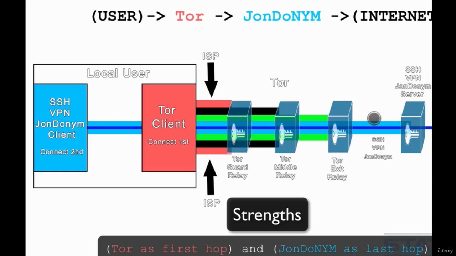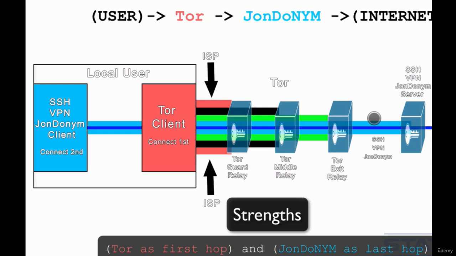Now let's talk about Tor as first hop and SSH, VPN, John Doe as last hop. But in this system, Tor is blocked from its destination by the SSH, VPN, John Doe server.